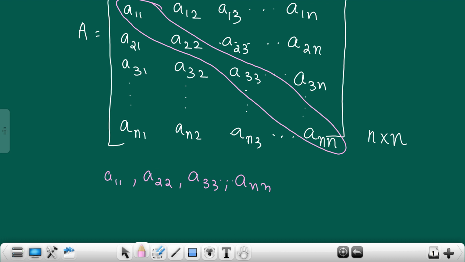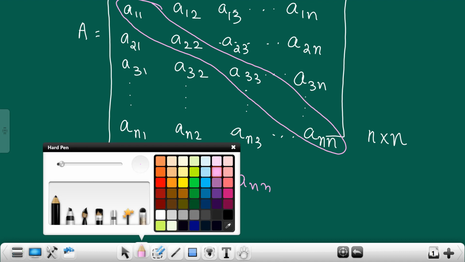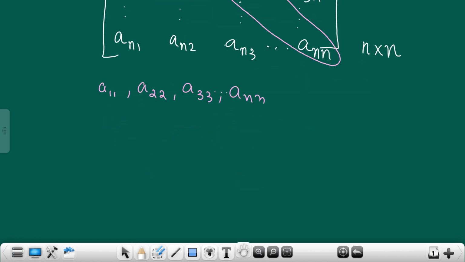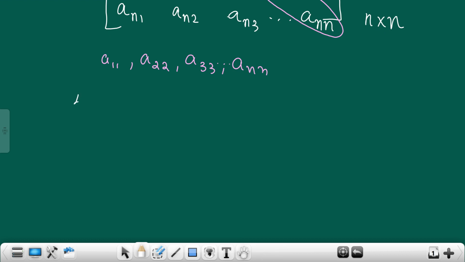Now, the fourth matrix is the diagonal matrix. A square matrix is said to be a diagonal matrix if all its non-diagonal elements are 0.